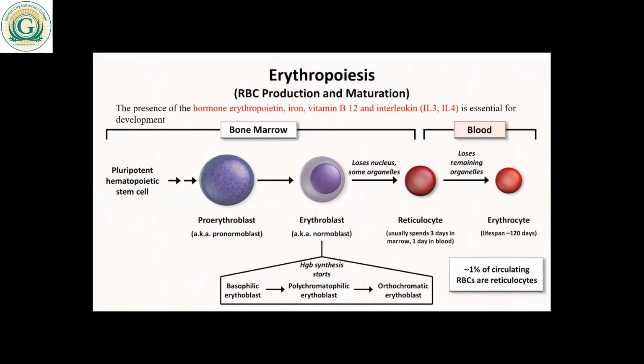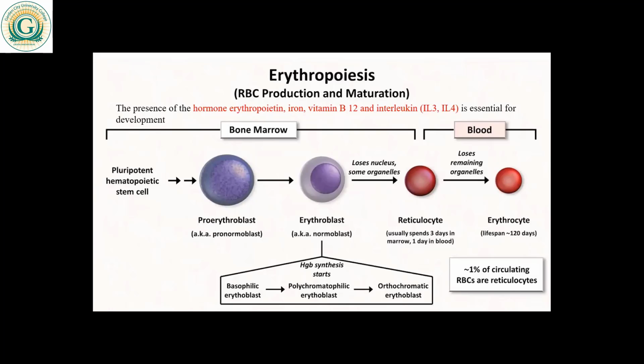Now, we have the hematopoietic stem cell. And this hematopoietic stem cell in the bone marrow, in the presence of erythropoietin, will differentiate into the pro-erythroblast. That's from the myeloid progenitor cell. It differentiates into pro-erythroblast. Then this pro-erythroblast also differentiates into erythroblast. During this process, the cell starts to lose its general structures.